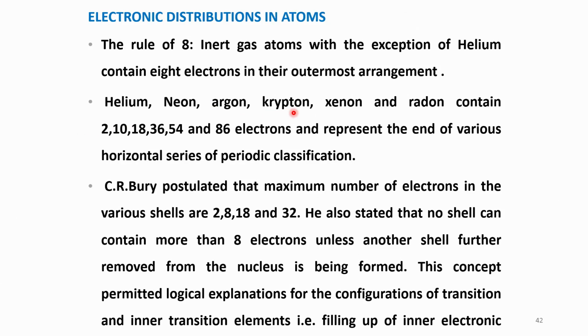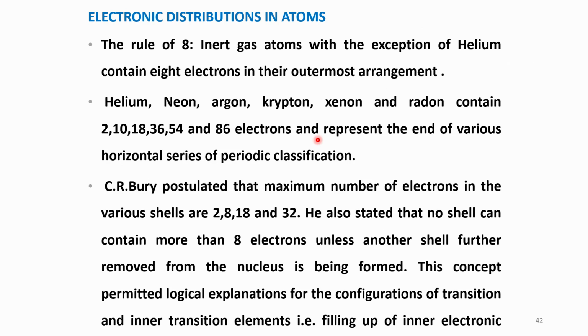So, one is the rule of 8, that is inert gas atoms with the exception of helium contain 8 electrons in the outermost orbit. Then helium, neon, argon, krypton, xenon and radon contain 2, 10, 18, 36, 54 and 86 electrons and represent the end of various horizontal series of the periodic classification.